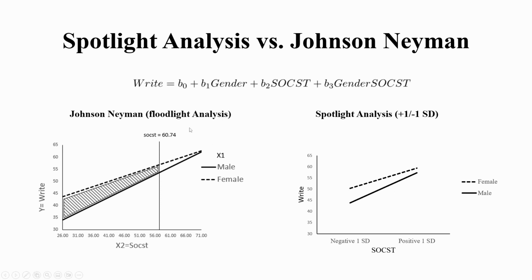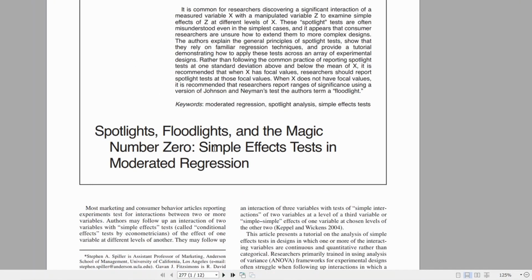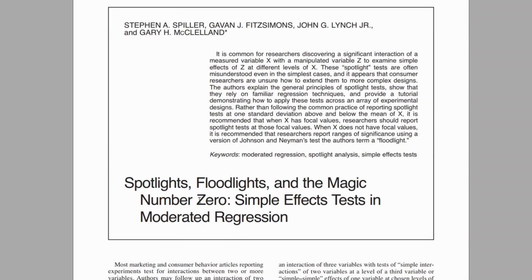You might have a question: where do the names floodlight and spotlight analysis come from? The names are based on a paper published in the JMR, written by Professor Spiller, a UCLA professor. I'm going to put the link to the website, and if your university or organization has a subscription, you can download this paper.